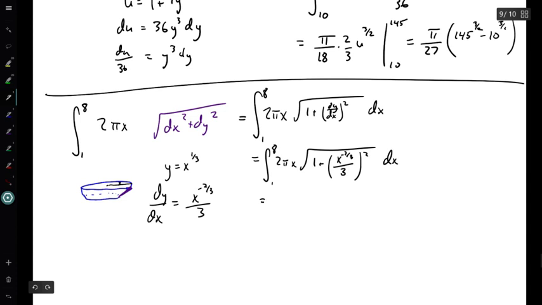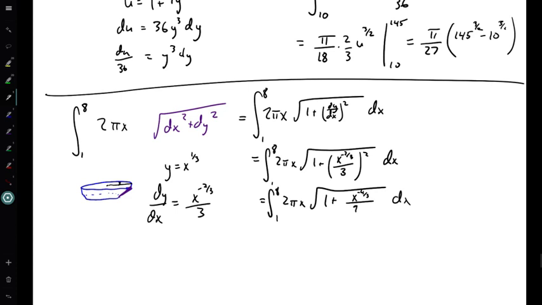And simplifying a little bit further gives me the integral from 1 to 8 of 2 pi x square root of 1 plus, let's see, we're going to have an x to the minus 4/3 here over 3, oh, nope, over 9 dx.